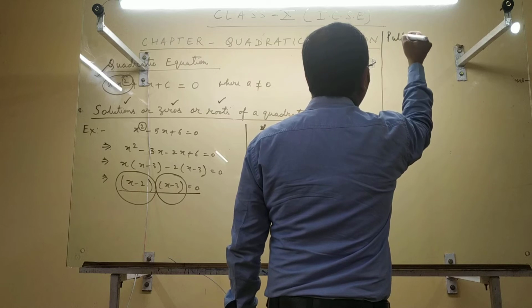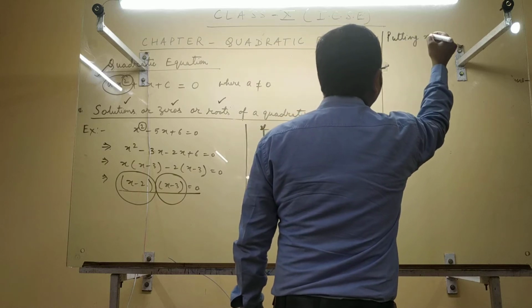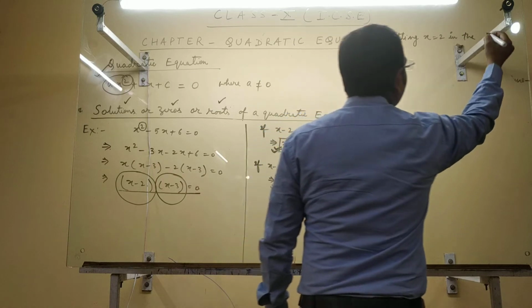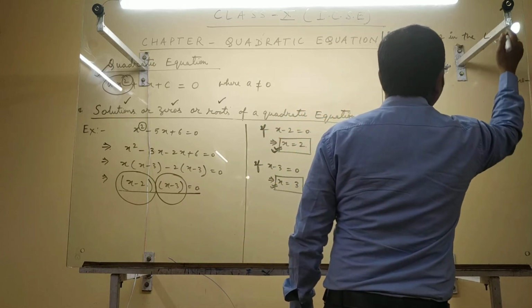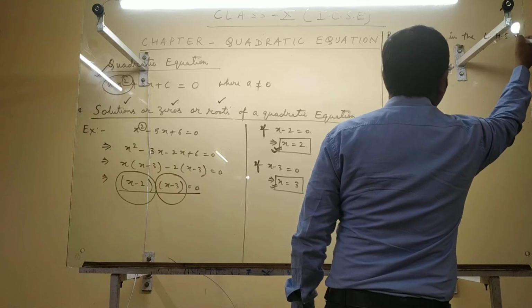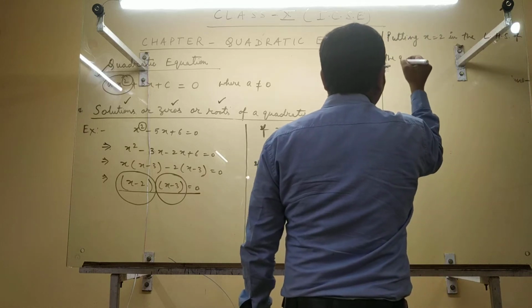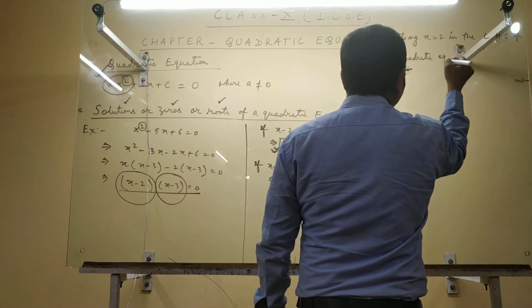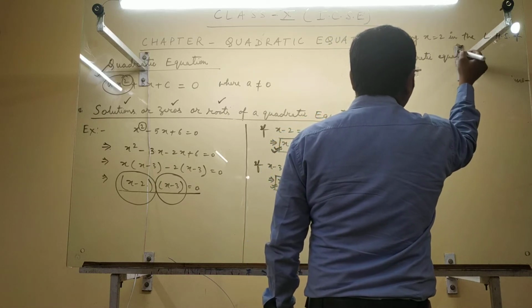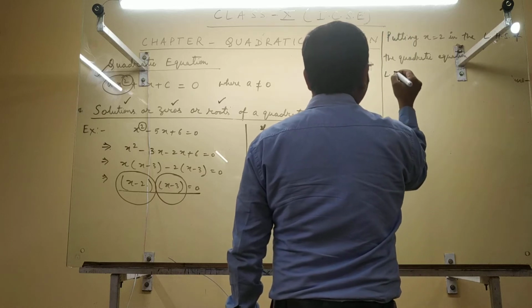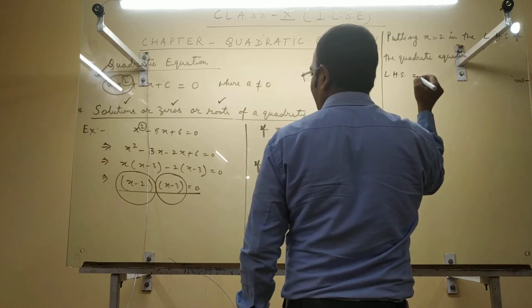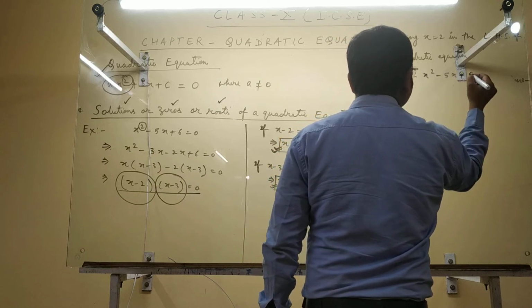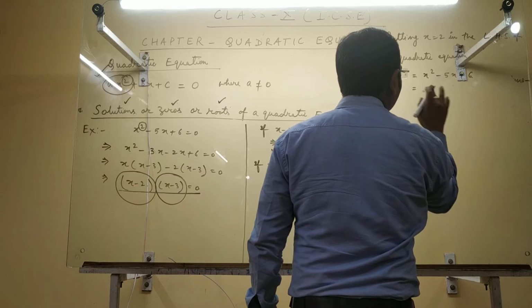Putting x equal to 2 in the LHS of the quadratic equation. LHS is equal to x square minus 5x plus 6. So let us put x is equal to 2 here.